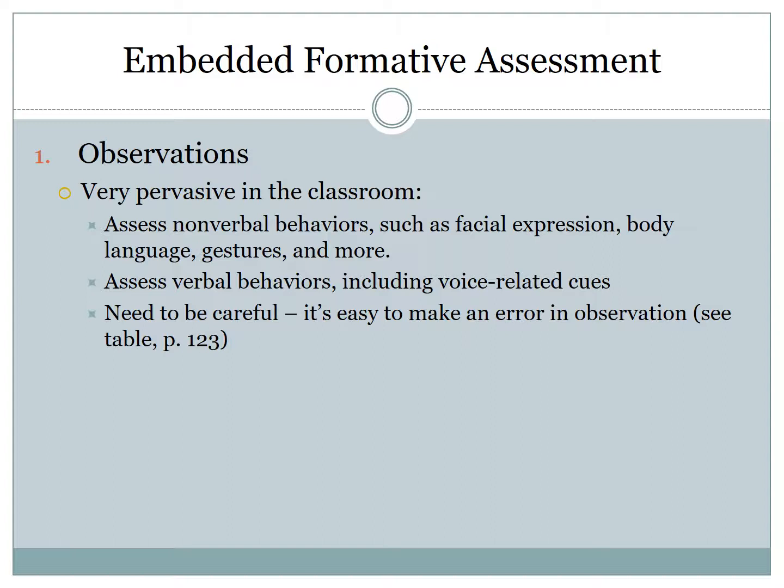For example, they talk about number 6, observer bias, where you might be biased in favor of a particular student or against a particular student, and you might over or underestimate that student. So I encourage you to read through that and make sure you understand that observation, while a good tool for teachers, isn't completely without its dangers.